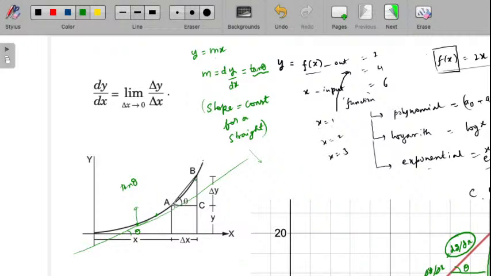But we could be sure that the value of slope at a given point can be obtained by just computing this value, limit delta x tends to 0 of delta y by delta x, which is equal to dy by dx, which is the slope at this point, which is going to be the slope of the straight line, the tangent at that point.